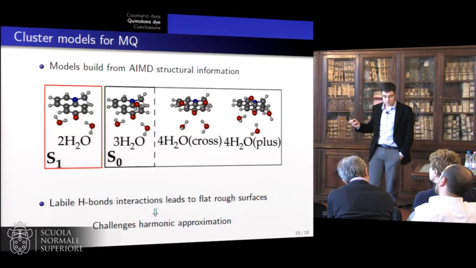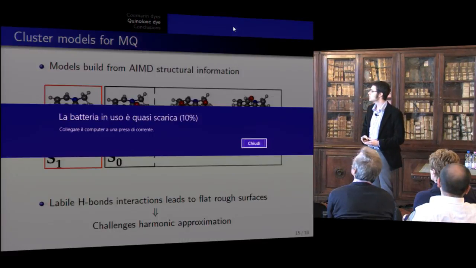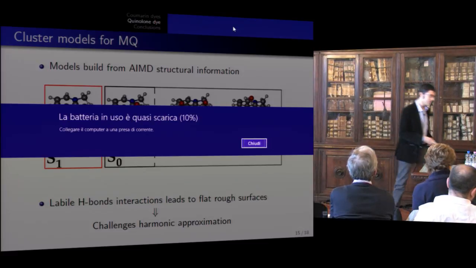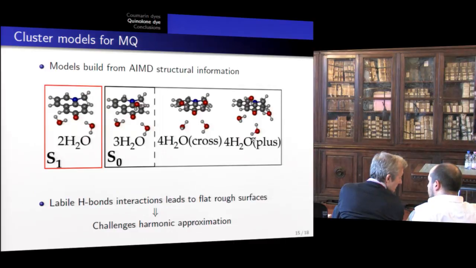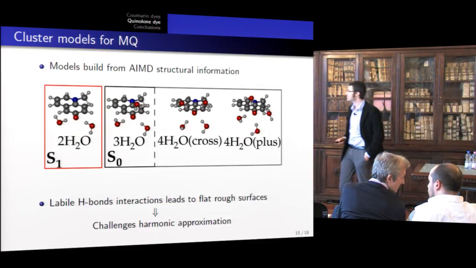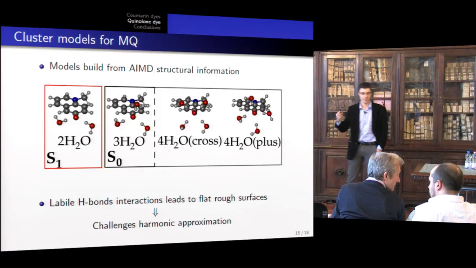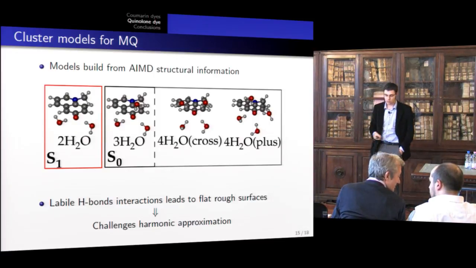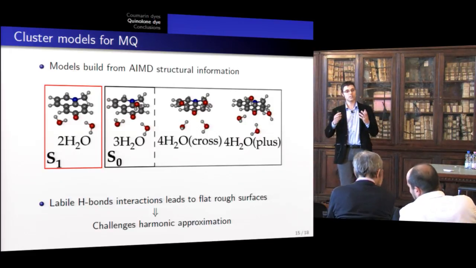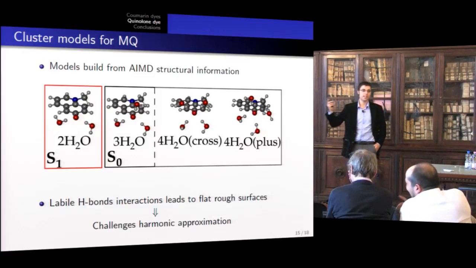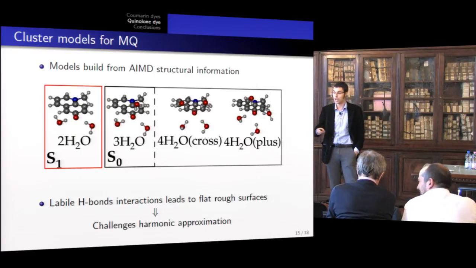And as I have said before, having the information of this solvation dynamics helps us first to build the cluster models, which is not a trivial task, because first we need to know how many molecules we are going to include in our cluster model, and where.